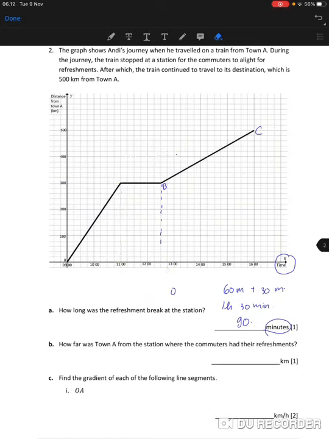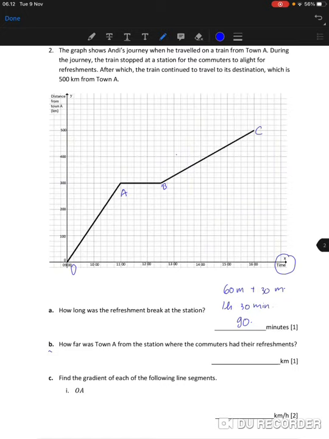Before that, I'm going to erase first so you can see it. This one is A, this one is O. B. How far was town A from the station where the commuters had their refreshment?